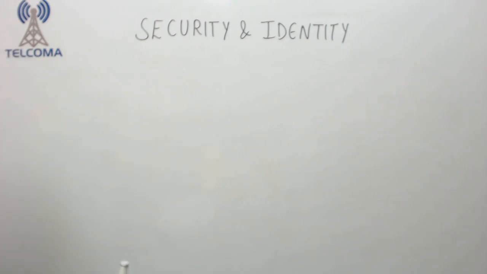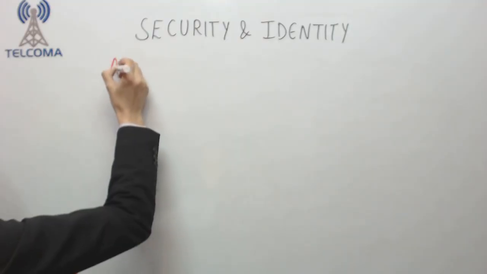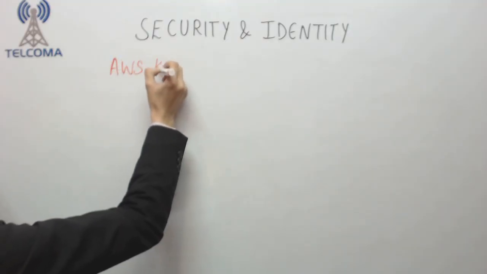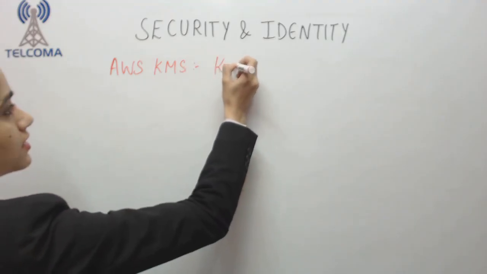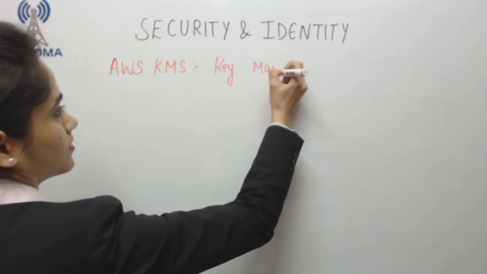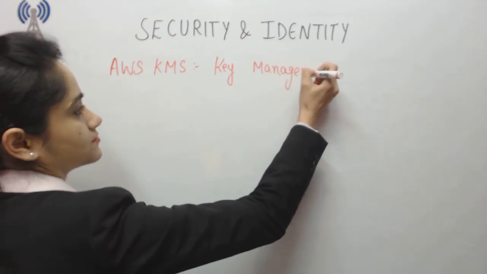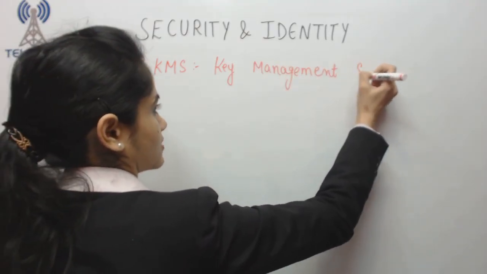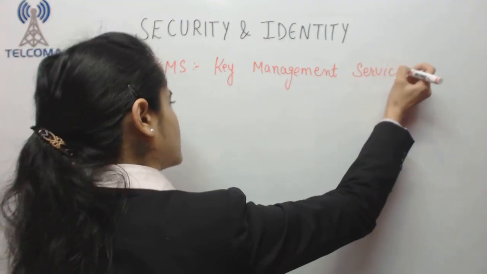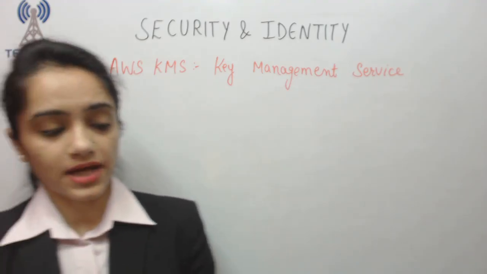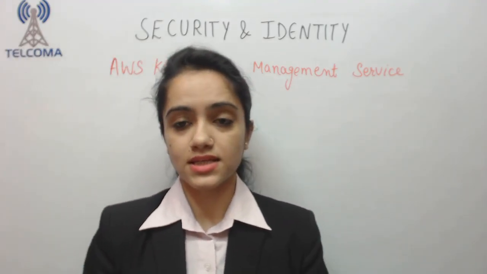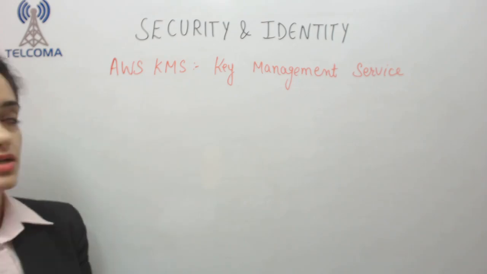Next we have AWS KMS. KMS stands for Key Management Service. Key Management Service basically creates and controls encryption keys.